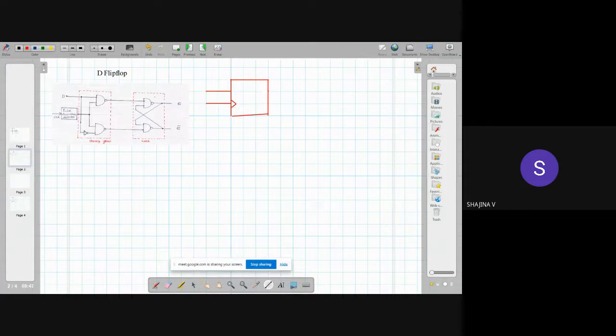You will have two output terminals, one is Q and the other is Q bar. Always remember, the output of the flip-flop is Q. Here this is our D input and this is our clock, and here it is Q output and Q bar output. This is our flip-flop, the general representation of a D flip-flop, or you can write it inside.